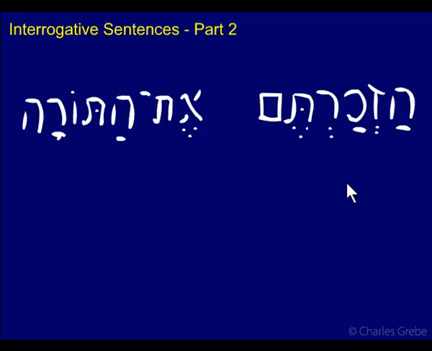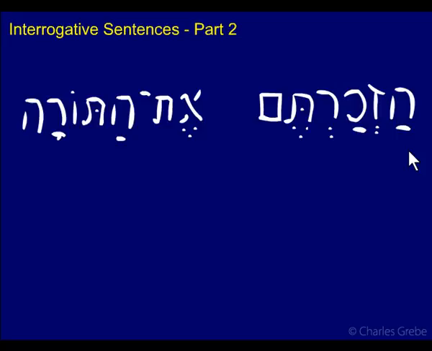Let's look at another example. Hazechartem et haTorah. Zachar is to remember. And so let's forget the hey there for a moment. This is you, and this is Torah. With the hey, did you remember, this is perfect, the Torah? So it's a question.